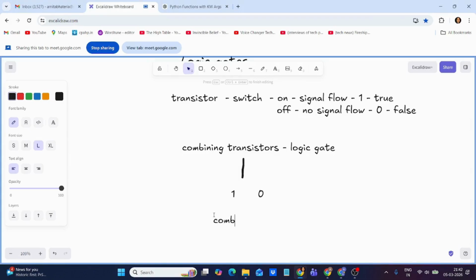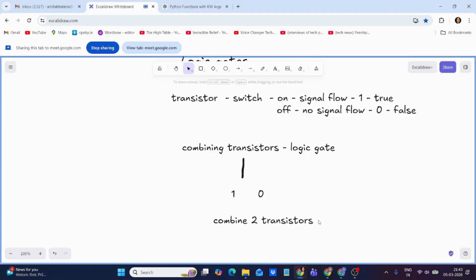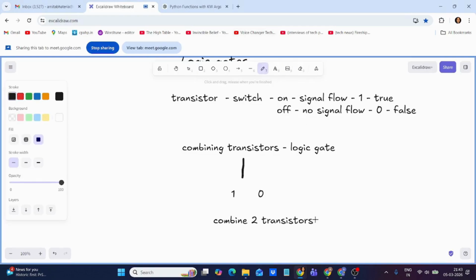We will combine two transistors to form a logic gate. A logic gate can be formed by using any two transistors, and the value of each transistor will be either 1 or 0.